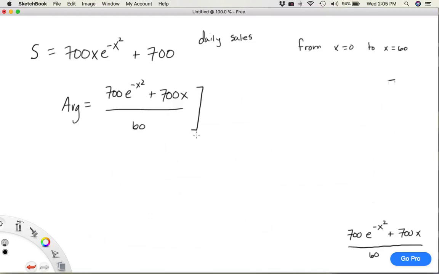And we need to evaluate this at 0, and we need to evaluate this at 60, because this was actually a definite integral, so this should have been evaluated from 0 to 60. We just haven't done it yet, so let's just get out our calculator and do that real quick.